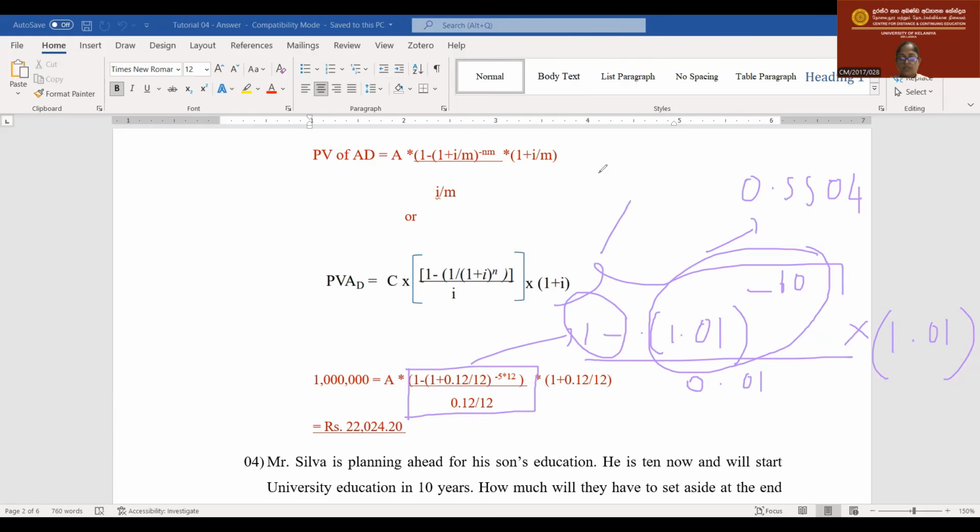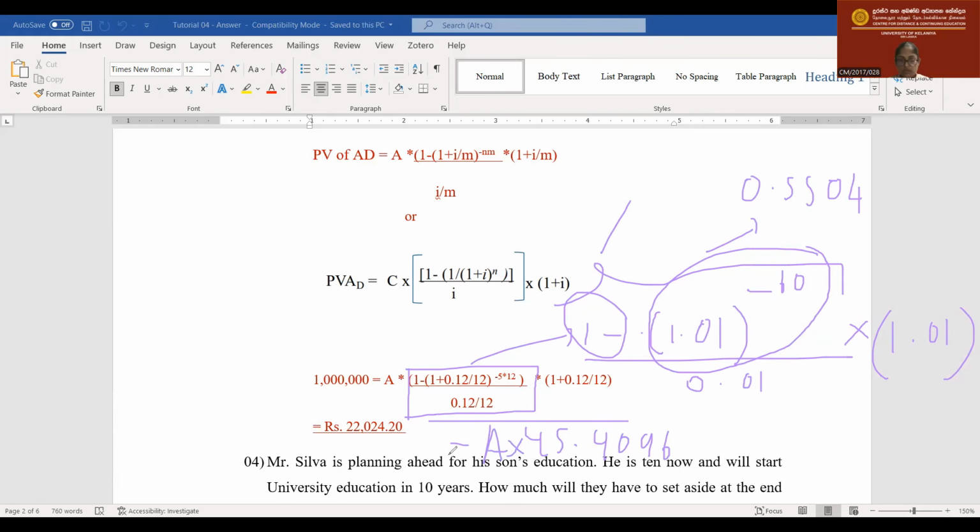I'm taking only 4 digits, 0.4496. We did it, and then the whole is divided by 0.01. Then you can obtain 44.96 for this part only. That should be multiplied by 1.01. Then the answer for this part would be 45.4096, right?